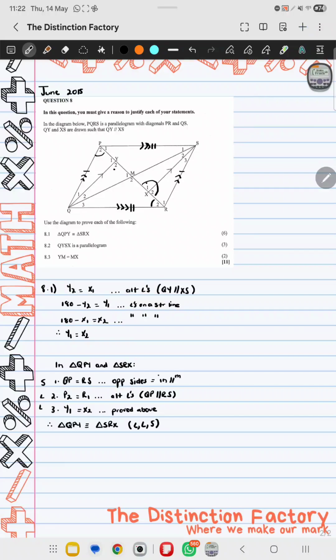In the previous question, we did just prove that we have two triangles that are congruent to each other. That means that this line QY will be equal in length to SX because those are congruent triangles.